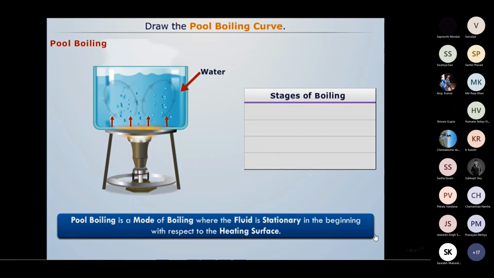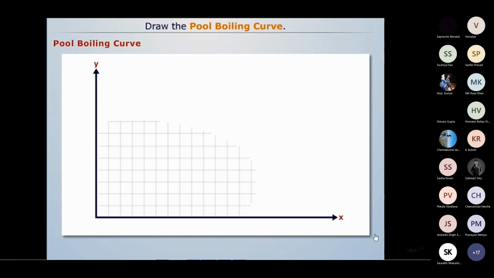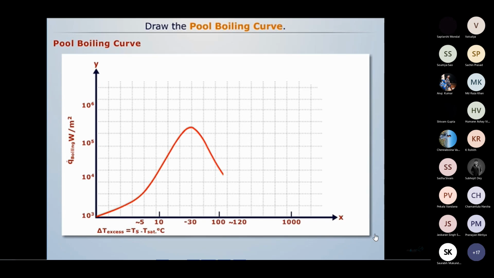Pool boiling takes place in different stages. They are free convection boiling, nucleate boiling, transition boiling, and film boiling. These different stages can be easily plotted on a heat flux temperature plot. The x-axis represents the difference between the current temperature and the saturation temperature of water, which is represented by delta T excess.